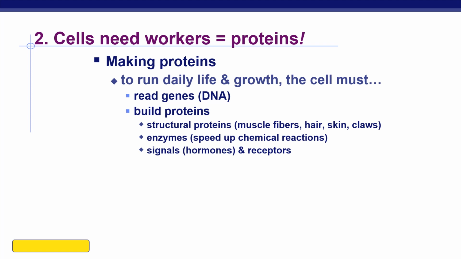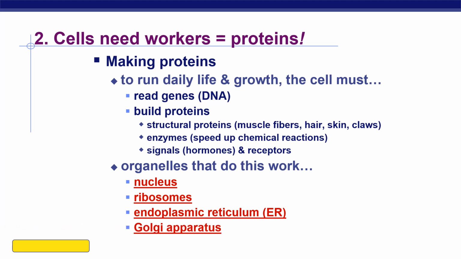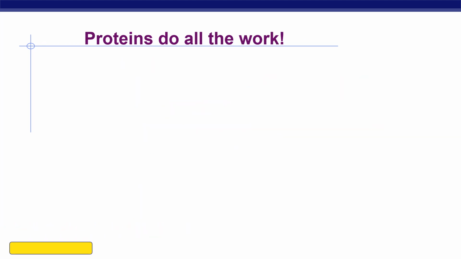Another thing that you need to remember about the proteins is that they are the signals and receptors. The organelles that do this work is what we call the nucleus, the ribosomes, endoplasmic reticulum, Golgi Apparatus.